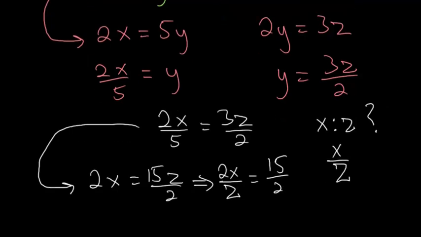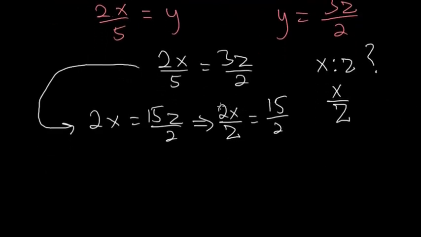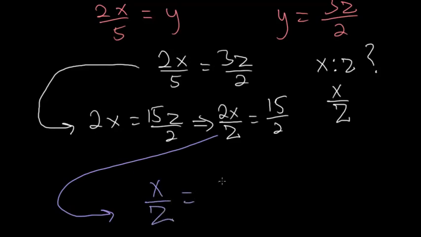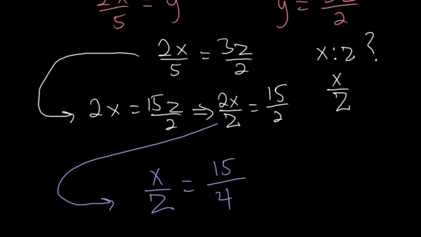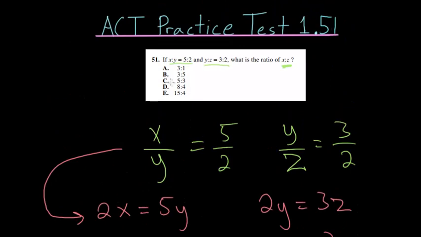And then with one final step, we can divide everything by 2, so that what we end up with over here is x over z is equal to 15 divided by 4. So what we figured out is that the ratio of x to z is just 15 to 4. And now going back up to our answer choices, you can see that choice letter E is the correct option.